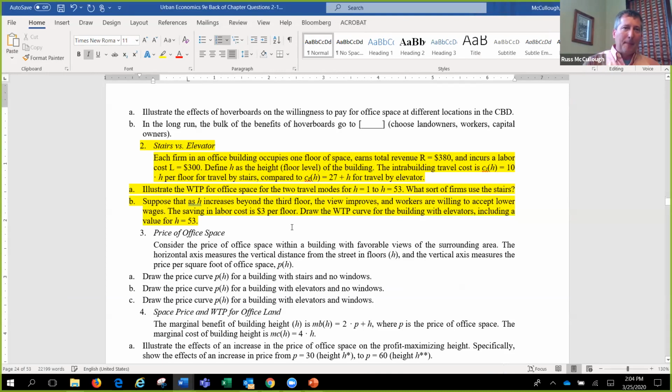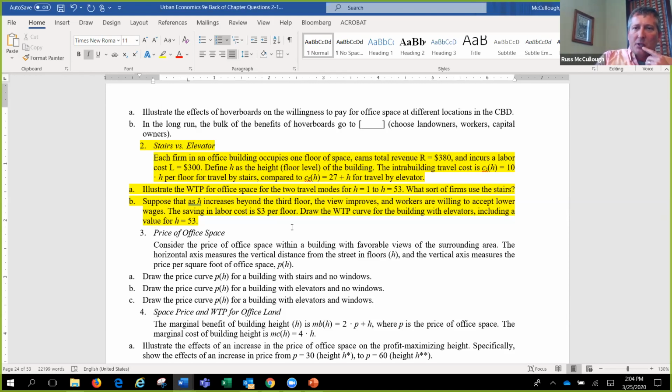Let's start. Each firm in an office building occupies one floor of space, earns revenue of 380, and incurs a labor cost L of 300. Define H as the height or floor level of this building.